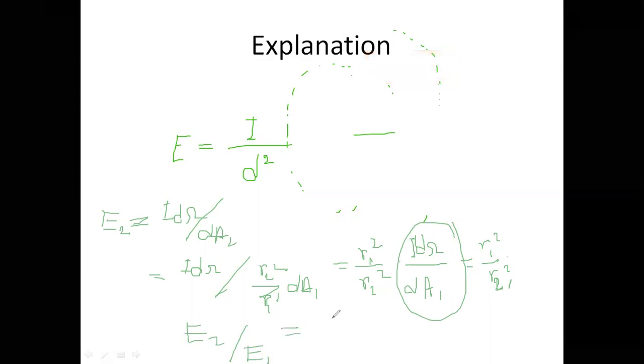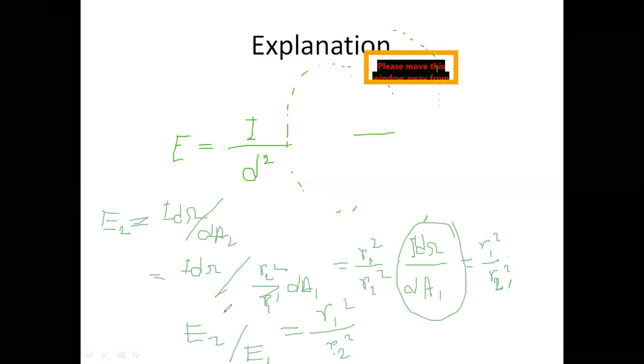E1 is R1 square by R2 square. So you can see E1 is inversely proportional to R2 and E1 is inversely proportional to R1 square.